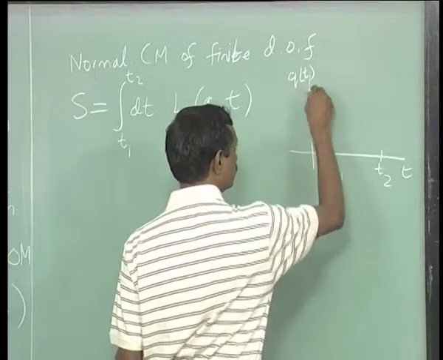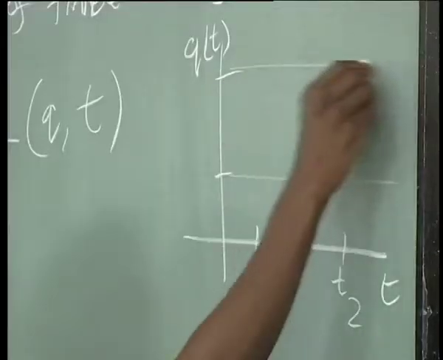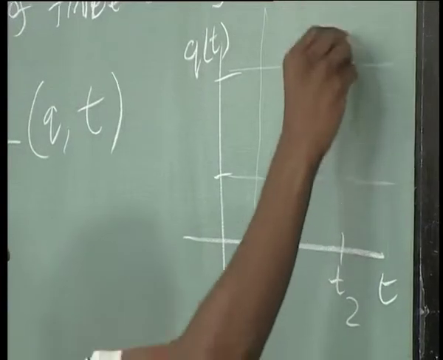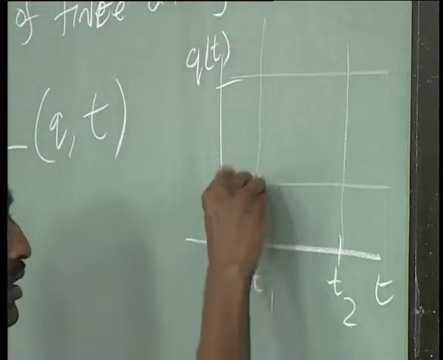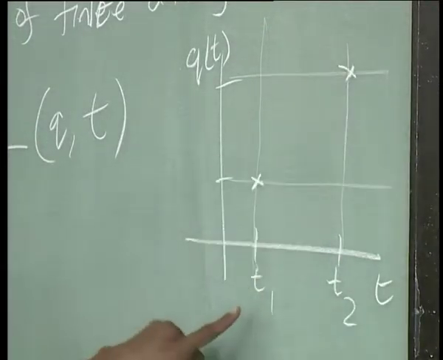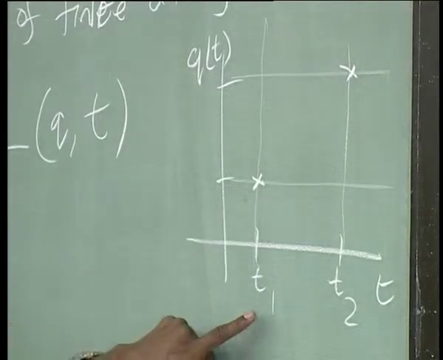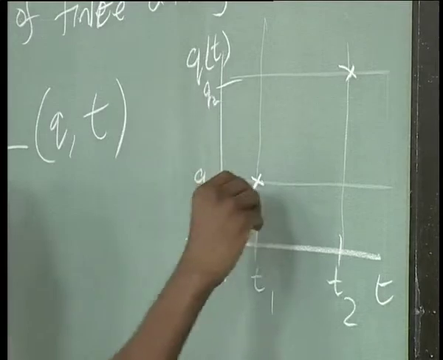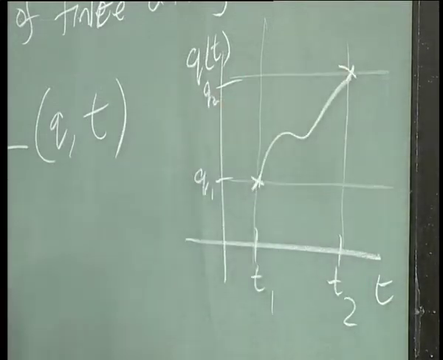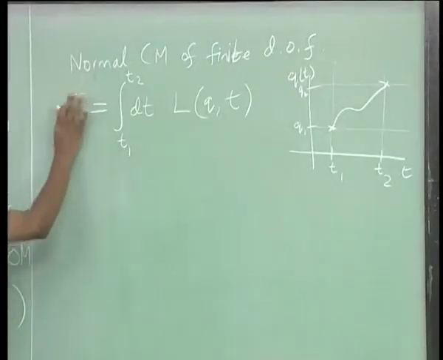So, you have some initial time t1 and a later time t2, and you are given that the system is at initial time t1 at q of t1, let us call this q1, and q2 at t2, and there is some trajectory. So, for every trajectory this is a functional.